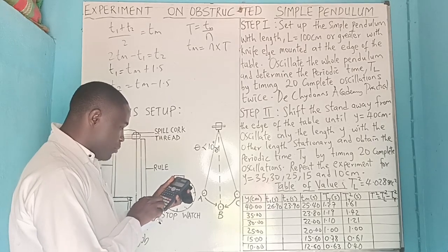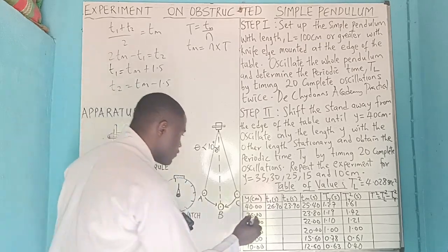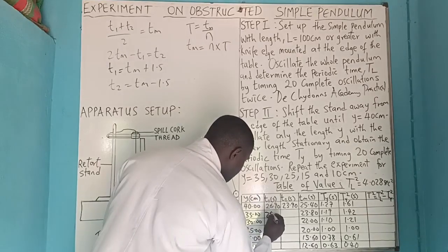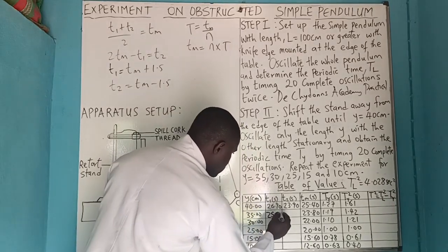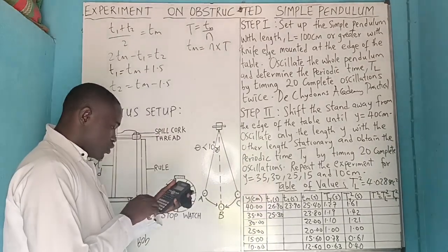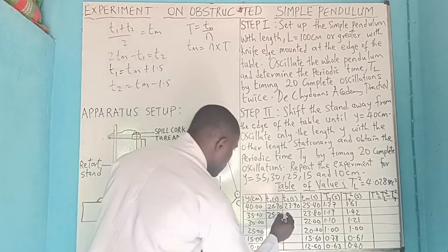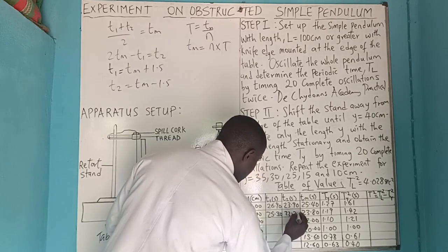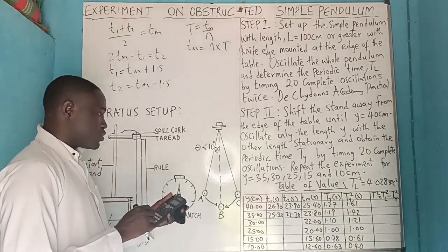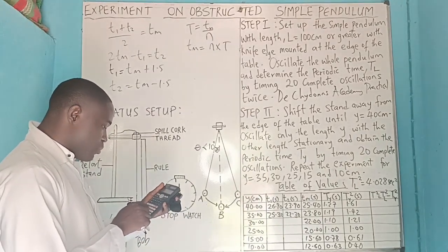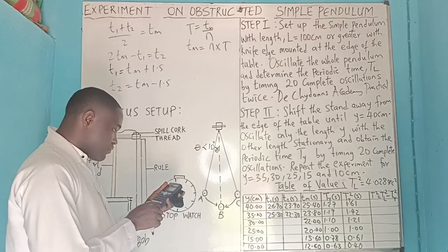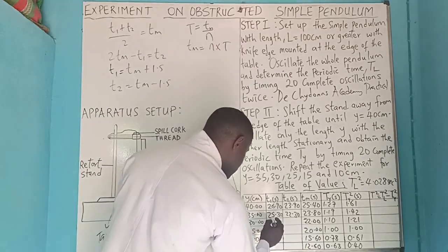23.8 plus 1.5. What will it give you? 25.30. 23.8 minus 1.5, 22.30. 22.0 plus 1.5, 23.50.